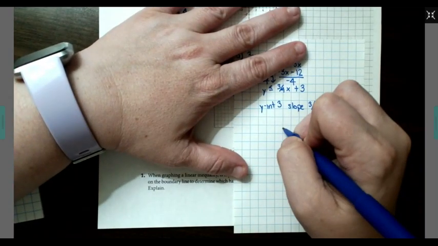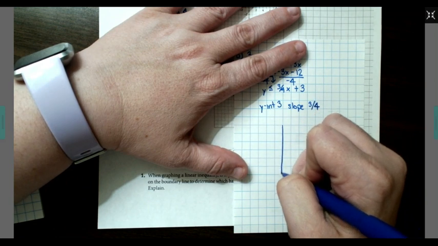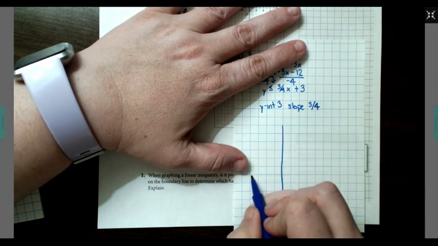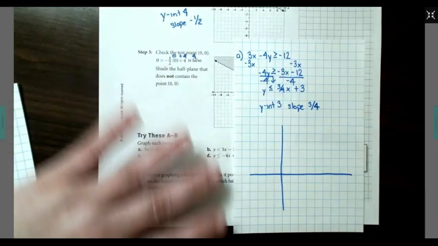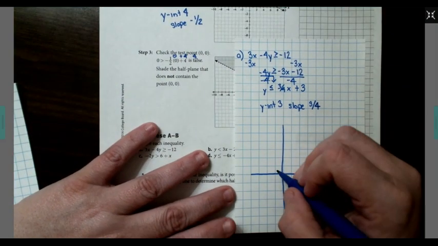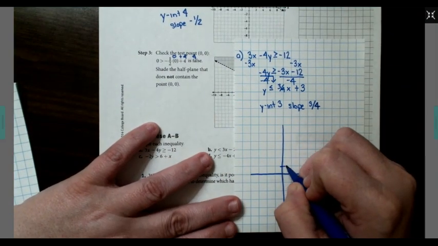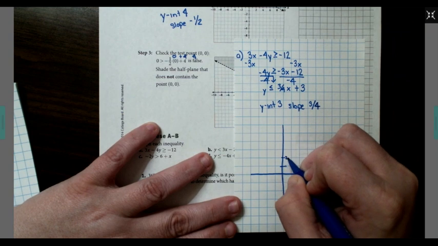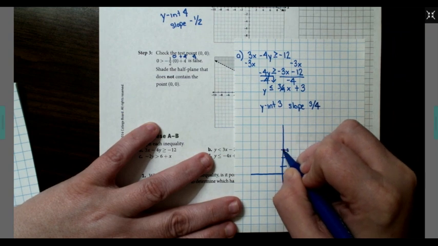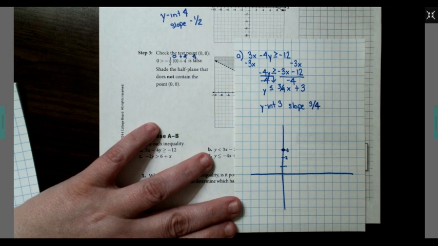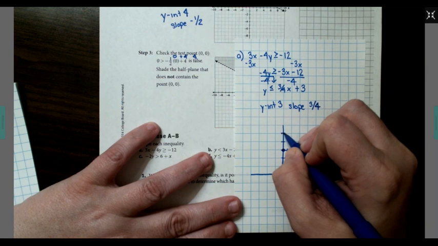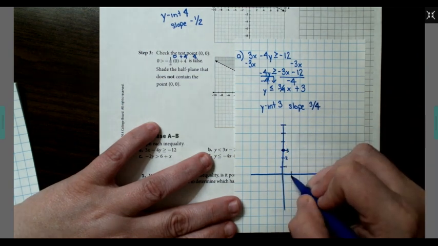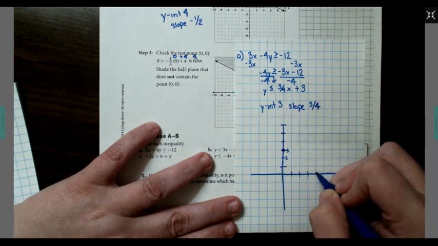Whenever I go to graph this, I'm going to create an xy axis, a coordinate plane. I'm going to start at positive 3, so 1, 2, 3. I'm going to start here. It says go up 3, rise 3, run 4. 2, 3, 4.